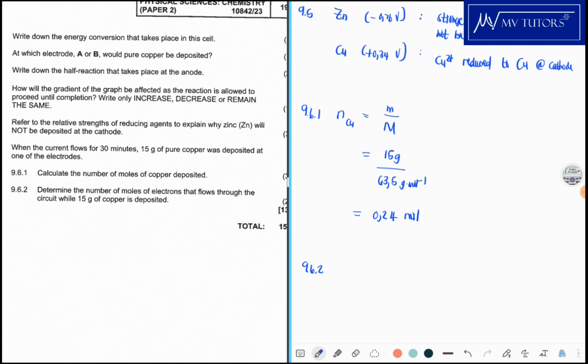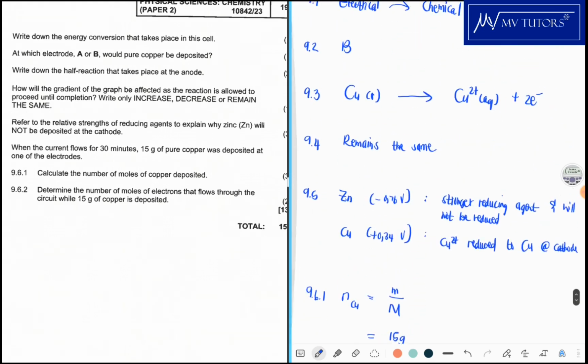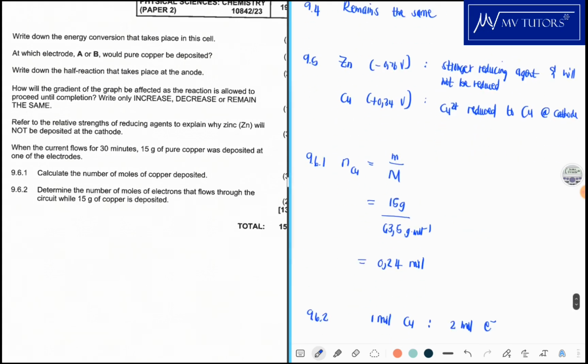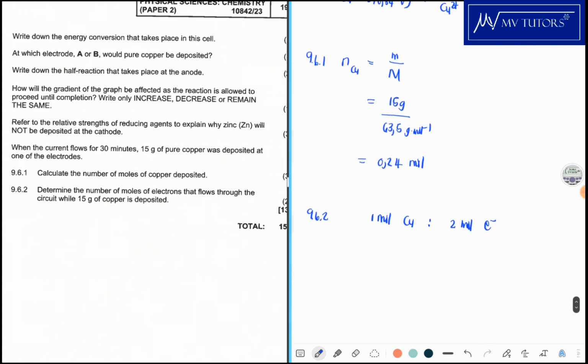So for every 1 mole of copper, you actually have 2 moles of electrons. And how do I know that? If we have a look at our formula over here, we have 1 mole for copper and 2 moles for the electrons.